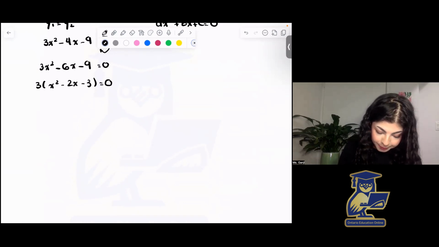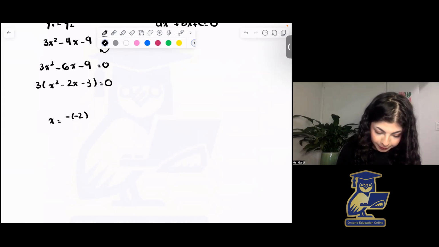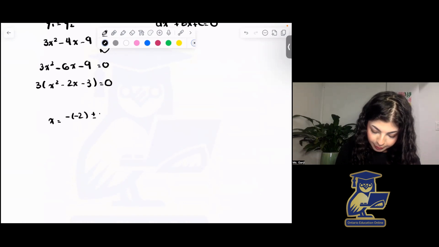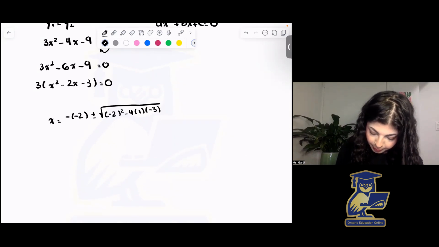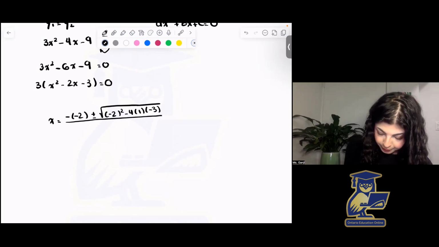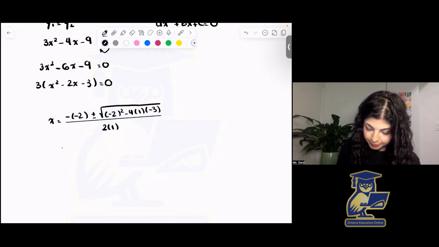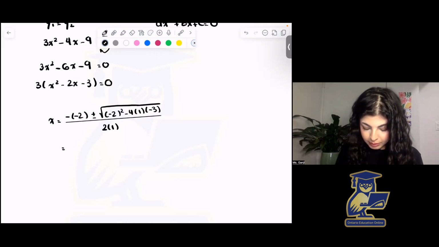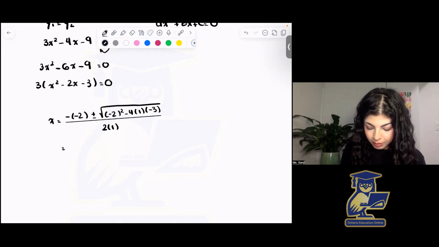So we would get x is equal to negative b plus or minus the square root over 2a. This would give us 2.